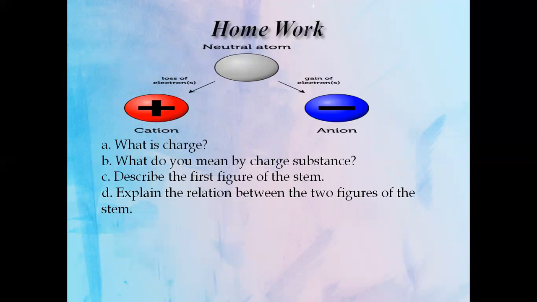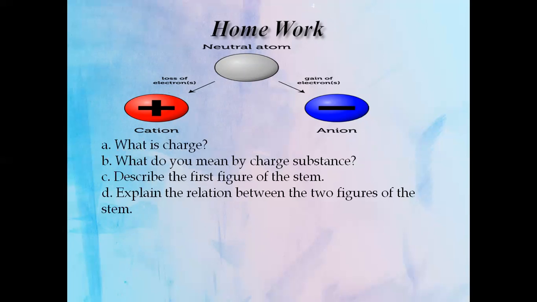Now this is your homework. You must practice at home. Look at the pictures and answer: what is charge? What do you mean by charged substance? Describe the first figure of the atom. Explain the relation between the two figures of the atoms.